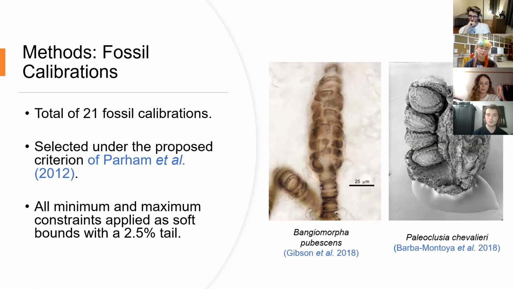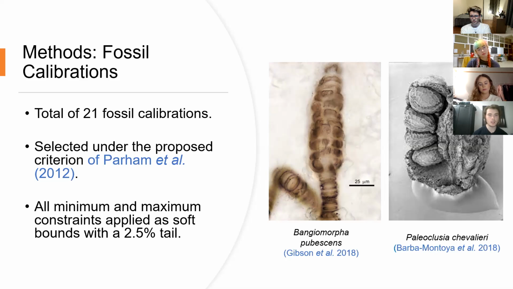Bangiomorpha pubescens was published in a paper by Gibson that gave an age of 1.03 billion years old. Whereas if we look at Paleoclusia, which was by Barbara Montoya, the age of this fossil is only 86.5 million years old. So it's considerably different between the 2, and the key difference is between the organisms. There's a long way of evolutionary timescale between the 2.